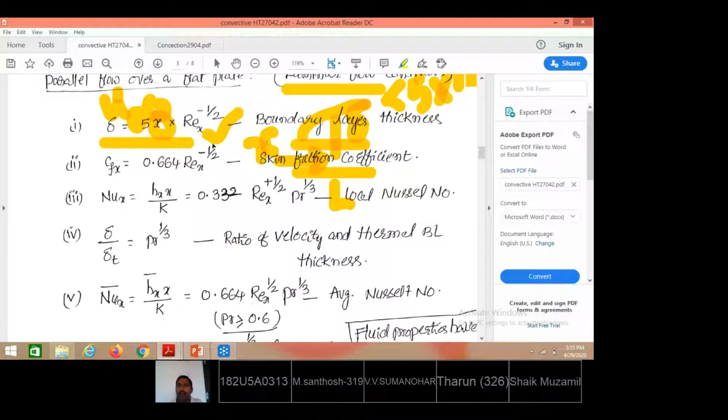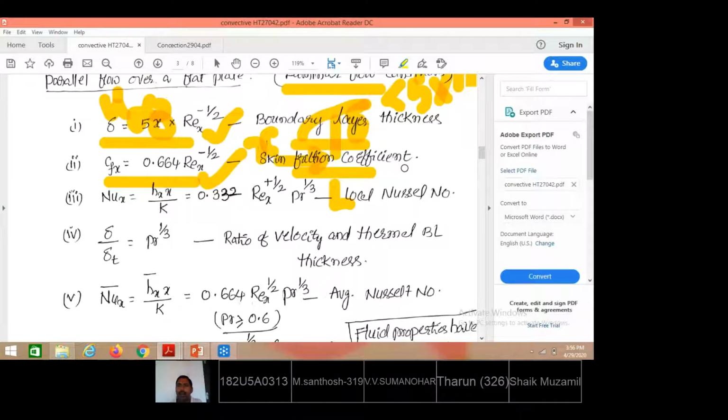So here, what is this coefficient of friction, or drag coefficient, as we call it? While the fluid is flowing over the solid surface, some fluid friction will be established, and the coefficient of friction will be calculated as 0.664 into Rex to the power minus 0.5, or minus 1 by 2.